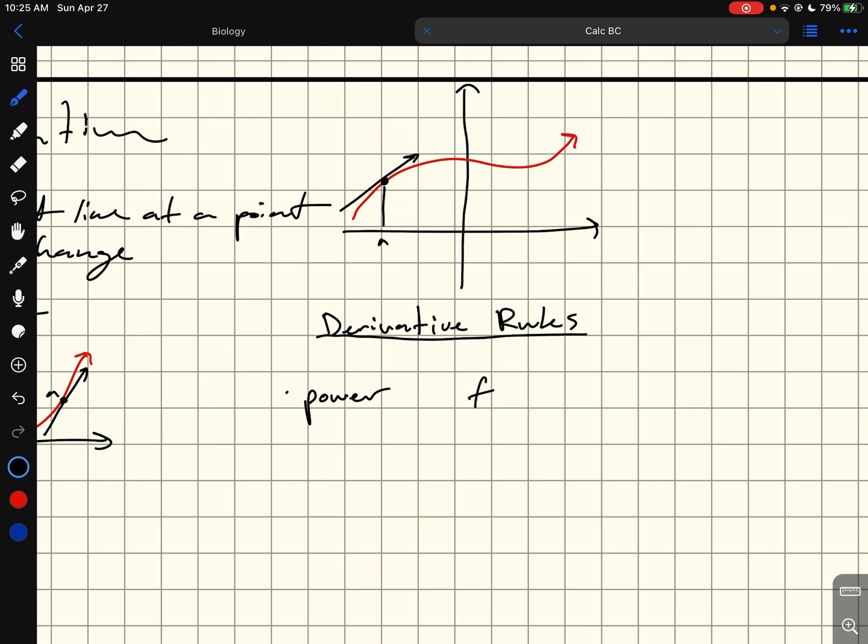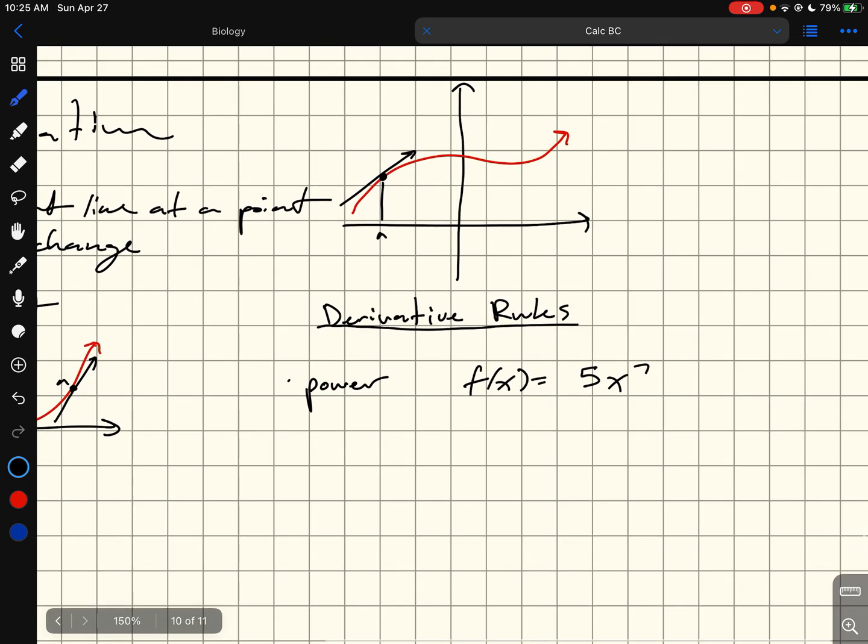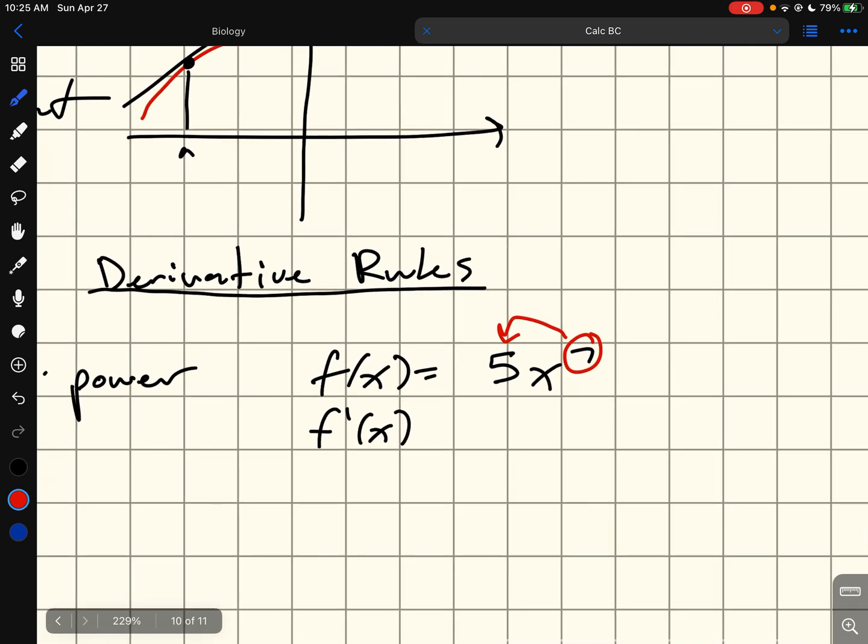Here, I'll write, let's say this is our function, equals 5x to the 7th. That's our function. Now, if we wanted to take the derivative of this, all you do is you move the exponent into the front. So you're multiplying it to the x now. And then you decrease this exponent by 1.